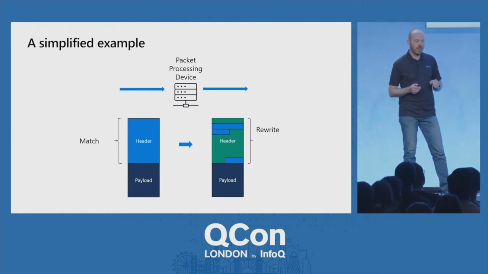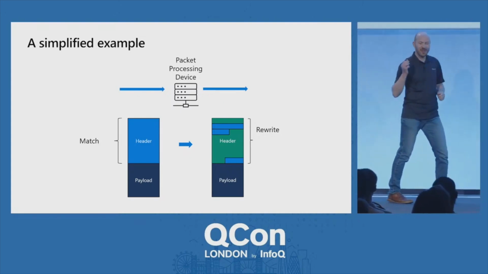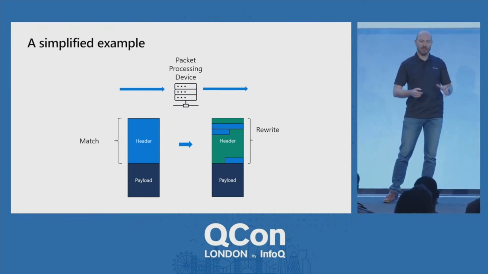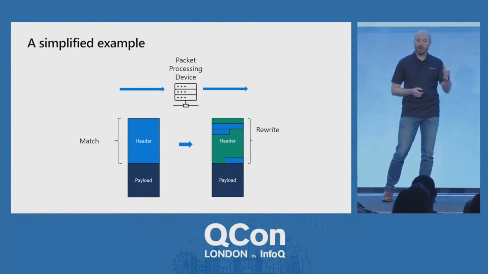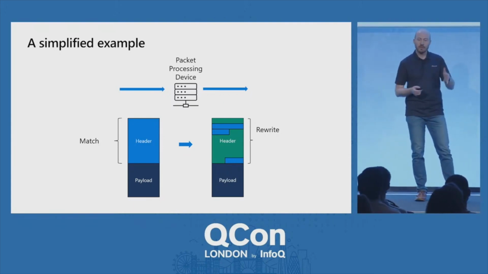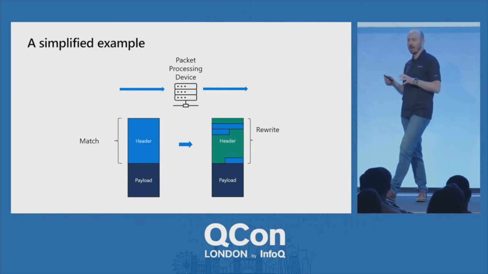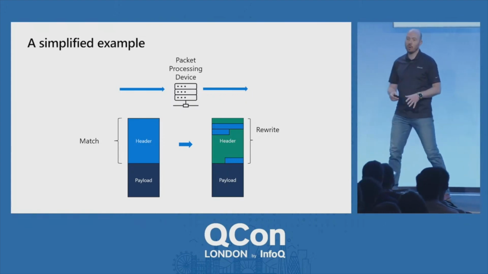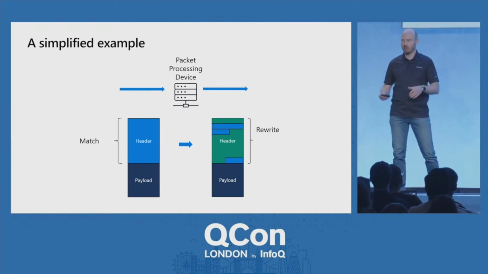I'm calling it a packet processing device because I'm not in marketing. What we're going to do is match on the header. Based on that match, we're going to apply a rewrite policy. We're going to rewrite parts of the header. You can see I've colored in some parts of the header here and not other parts. Some bits of the original header we want to keep, some bits we want to rewrite.